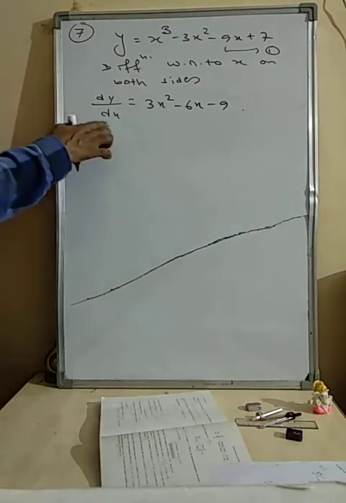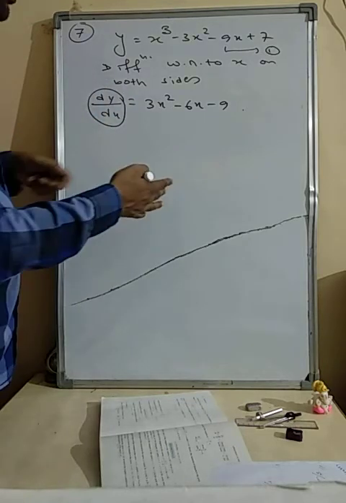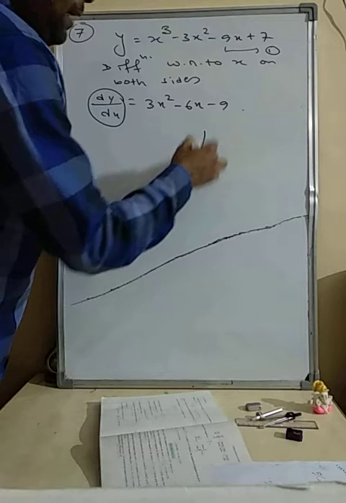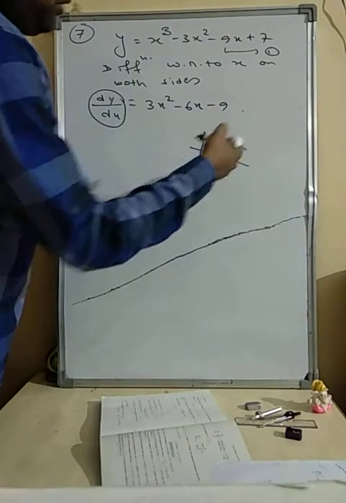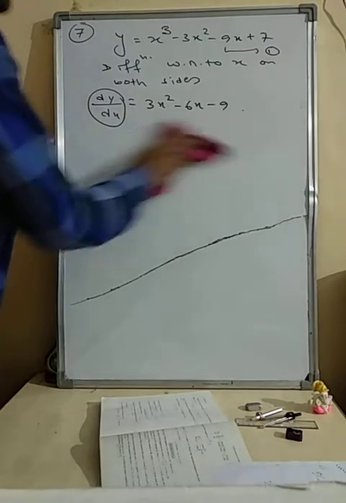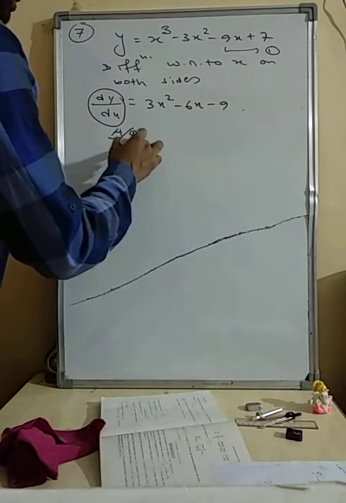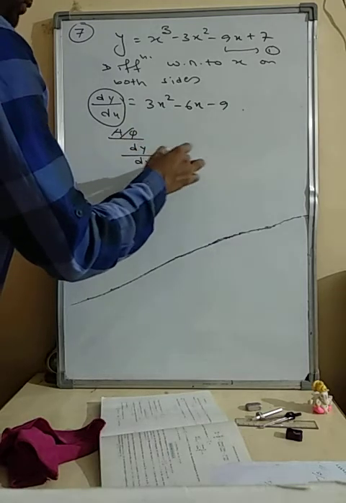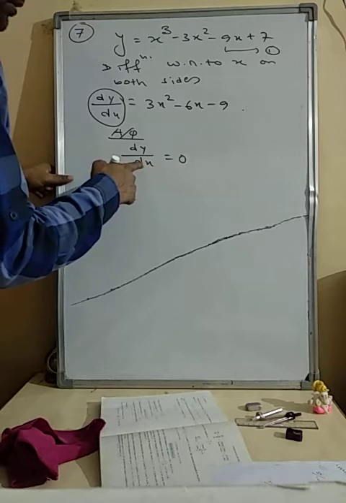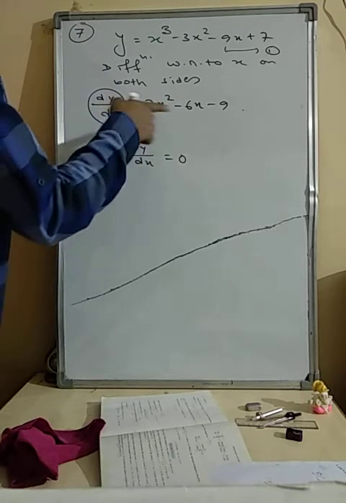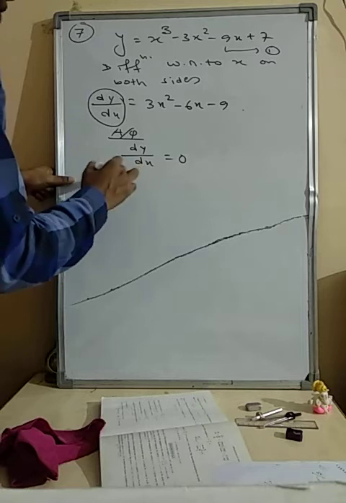Now this is the slope of the tangent. According to the question the tangent should be parallel to x-axis. Therefore the slope dy by dx equals 0. So you have to write dy by dx equal to 0 because the tangent is parallel to x-axis, and I already wrote at the start of the class that when the tangent is parallel to x-axis, dy by dx is 0.